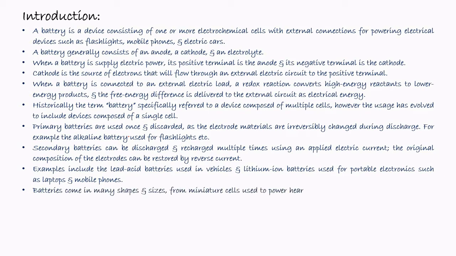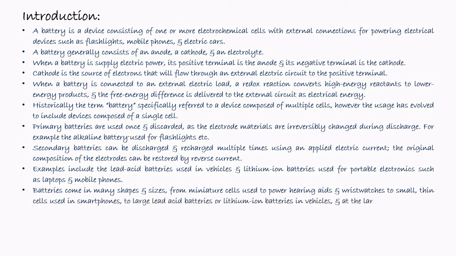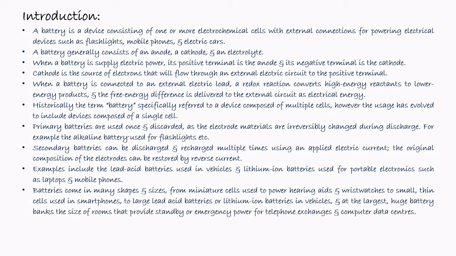Batteries come in many shapes and sizes, from miniature cells used to power hearing aids and wristwatches, to small, thin cells used in smartphones, to large lead acid or lithium ion batteries in vehicles. And at the largest, huge battery banks the size of rooms provide standby or emergency power for telephone exchanges and computer data centers.